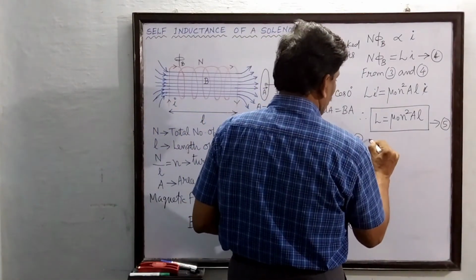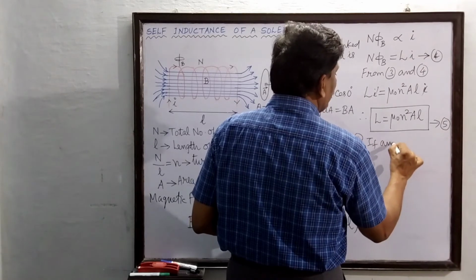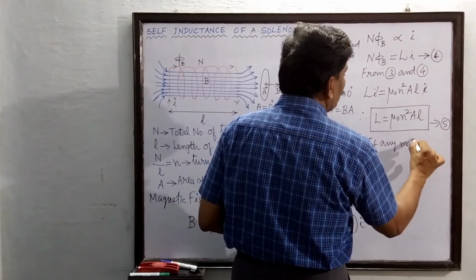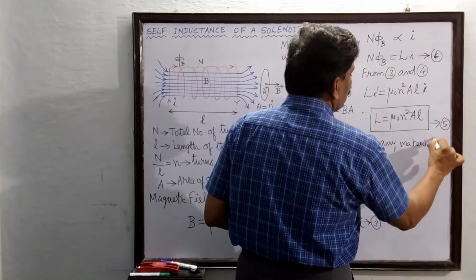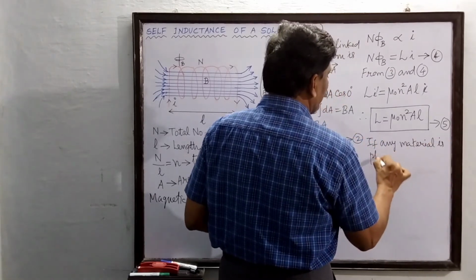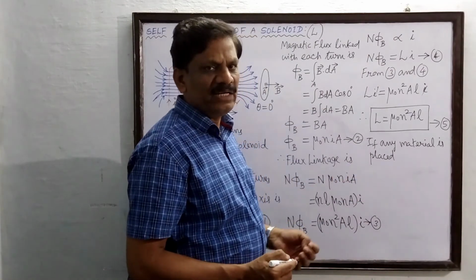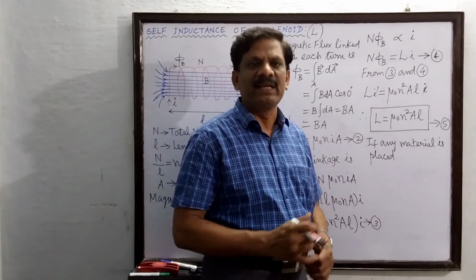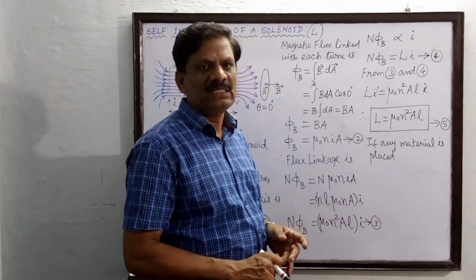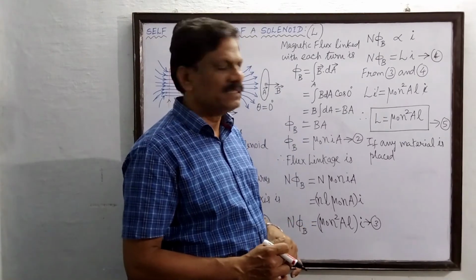So if any material medium is placed, this material should be a magnetic material. Usually we keep ferromagnetic material like steel, soft iron, simply iron, like that. Okay, students.